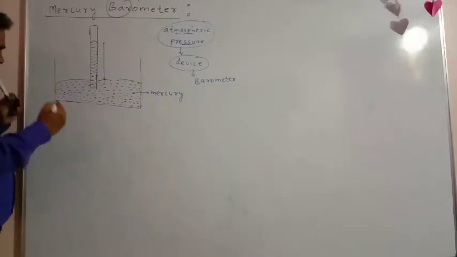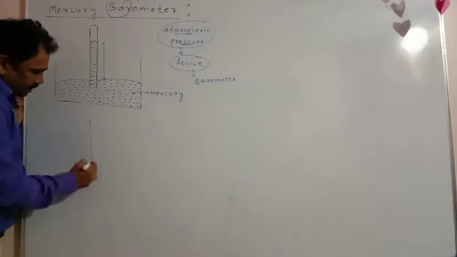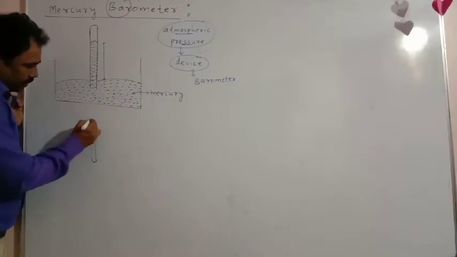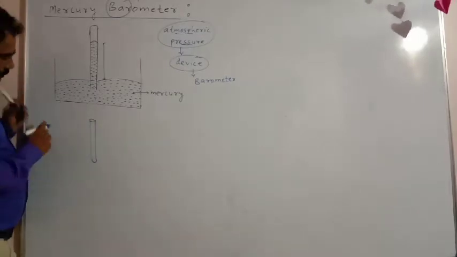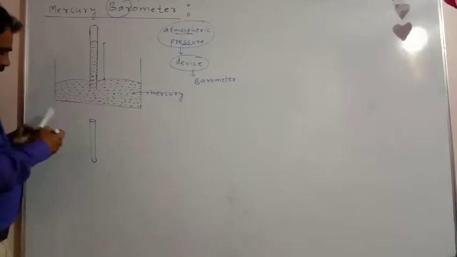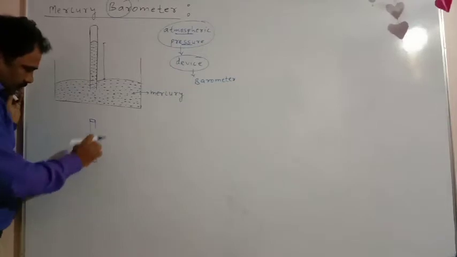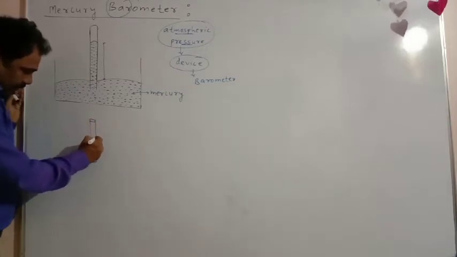Now you have to use a glass tube like this, having a length of 1 meter. It is closed at one end and open at the other end like this, and in this glass tube we are taking a liquid.